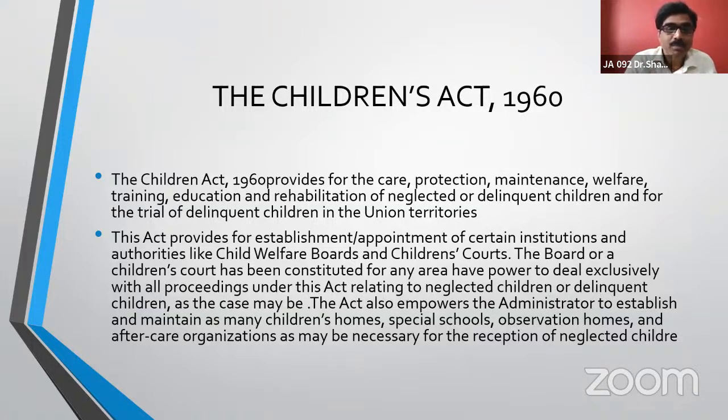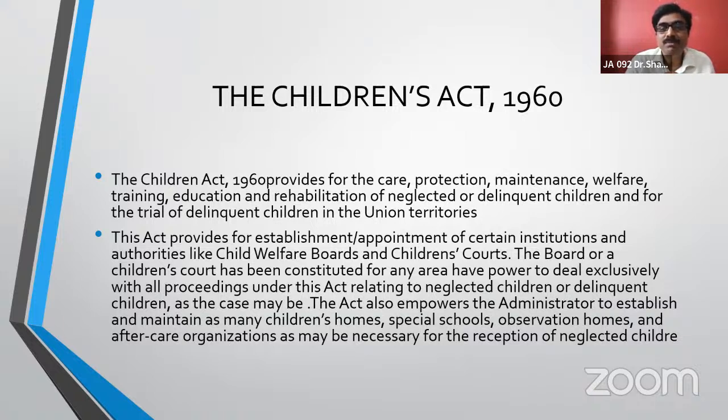This act provides for the establishment and appointment of certain institutions and authorities like child welfare boards and children courts. The boards or children court constituted for any area have power to deal exclusively with all proceedings under this act related to neglected children or delinquent children, as the case may be.